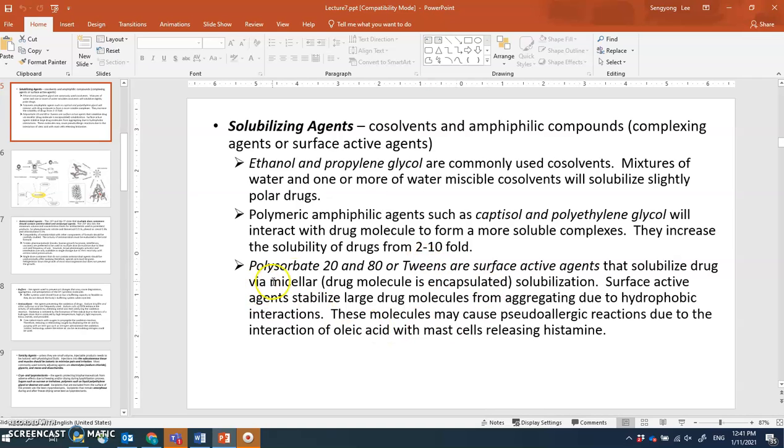And then polysorbate 20 or 80, or the other kinds like Tween 20, Tween 80. Those are surface active agents that can solubilize drug through forming micelles. So what does that mean? It's similar to the previous ones.